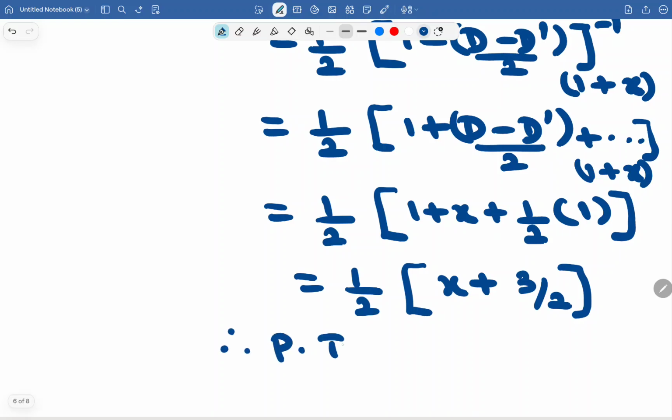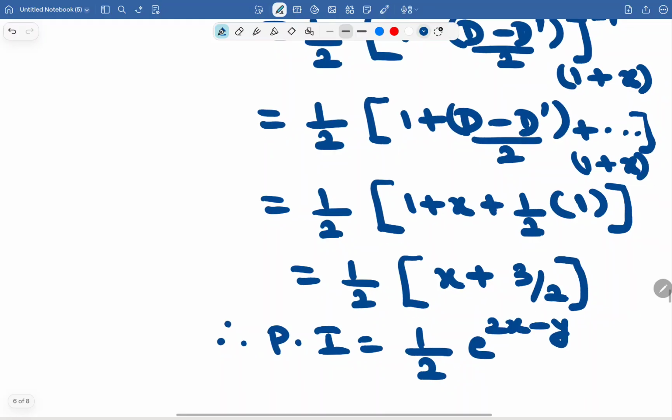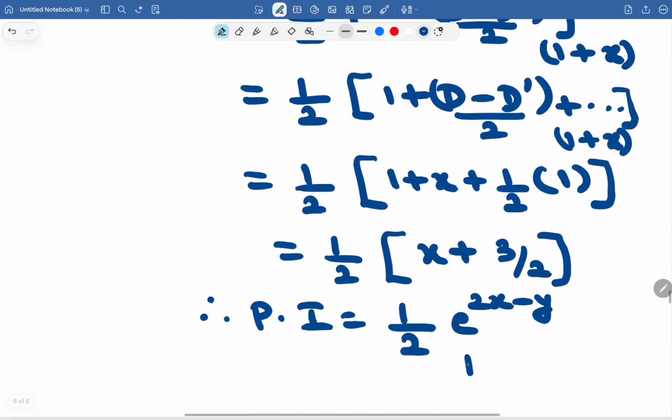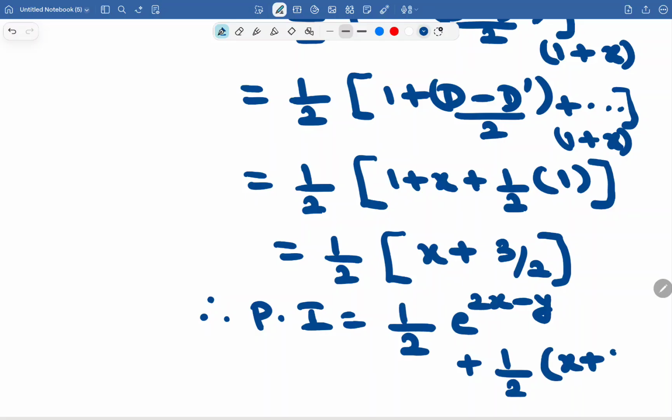Therefore PI is equivalent to 1/2 e^(2x−y), which is PI1, plus 1/2 x + 3/2, which is PI2.